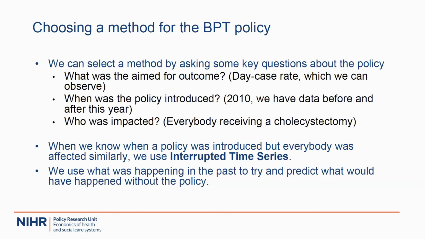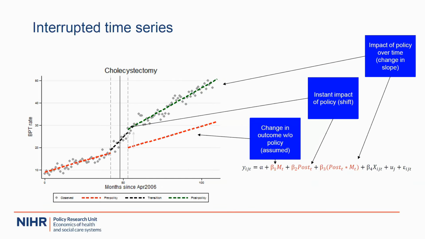The idea is that we can see what's been happening over time, and we know at some point a policy has come in. At that point, things can change. And that method is best represented, I think, by the graph on the left-hand side here.